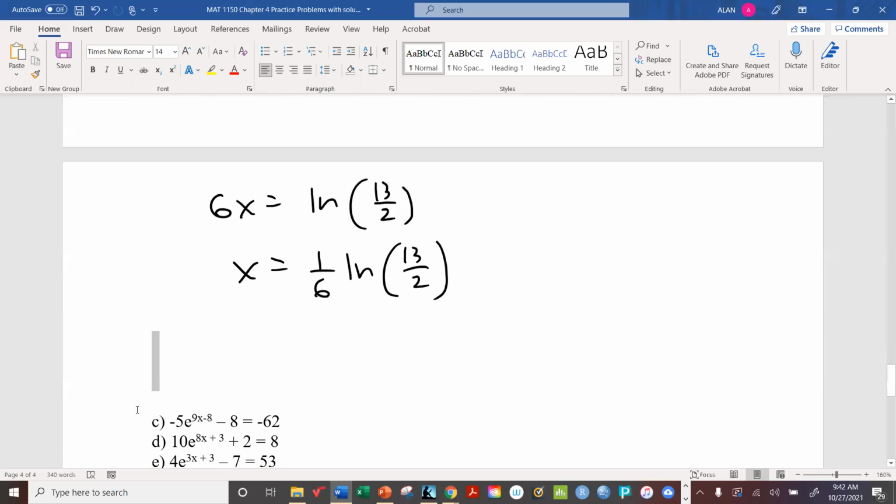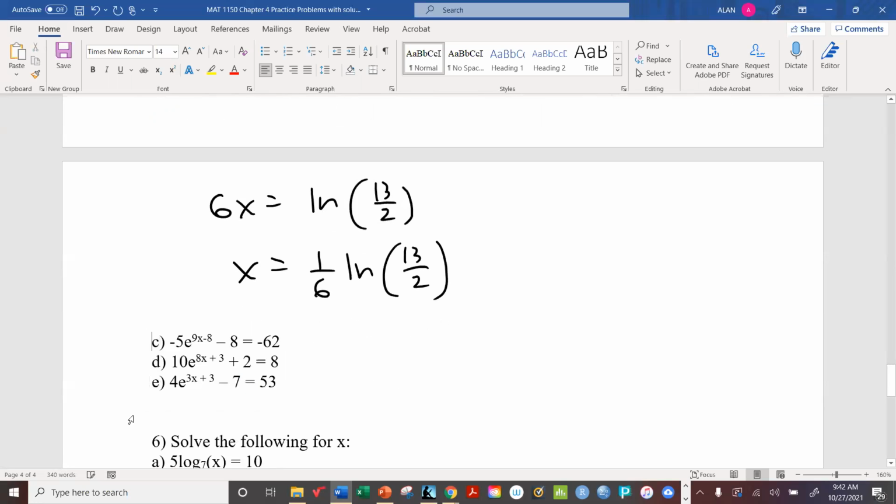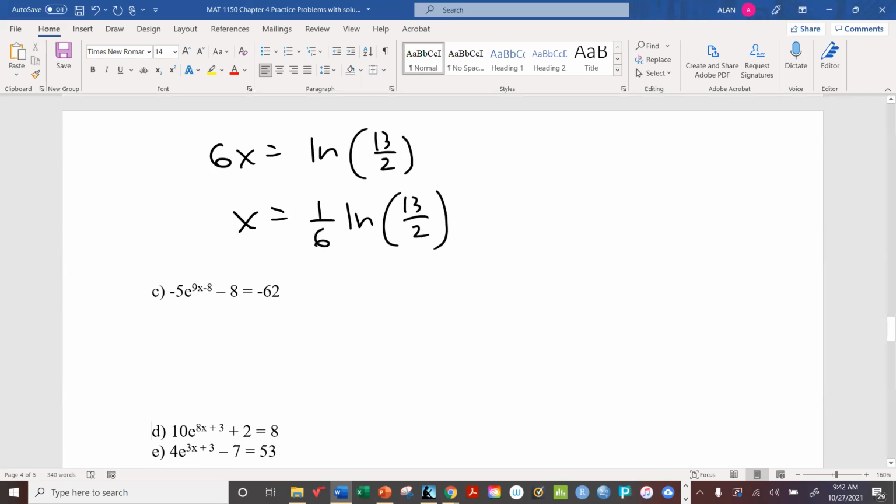Now let's go on to the next one. And again, we see that there is an e to the x here, which implies that we'll almost certainly want to use natural logs. But first, let's clean it up a little bit. Make it so much simpler. So we add 8 to both sides. And we'll end up with negative 54.